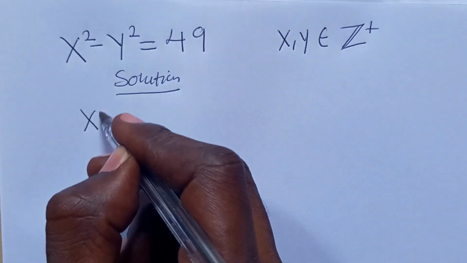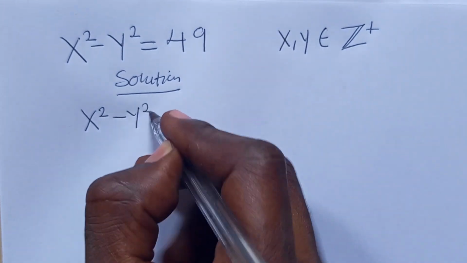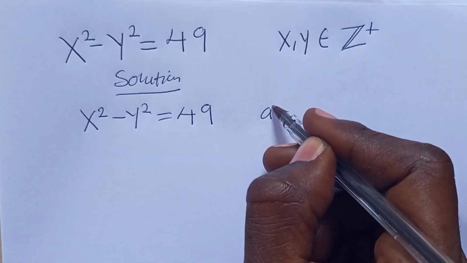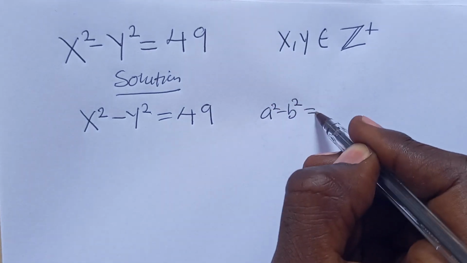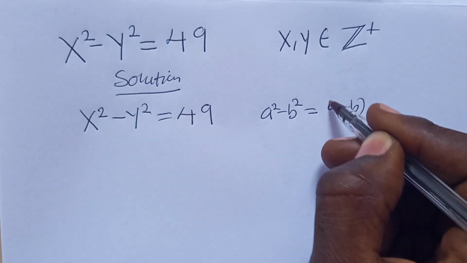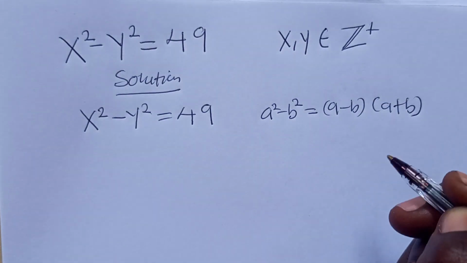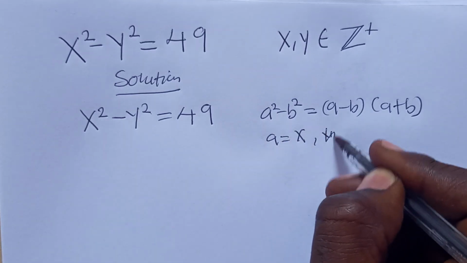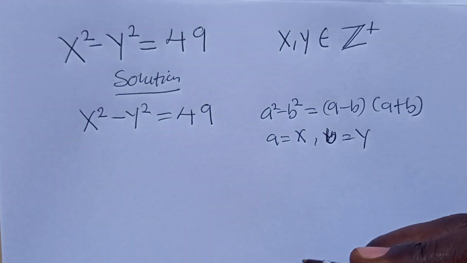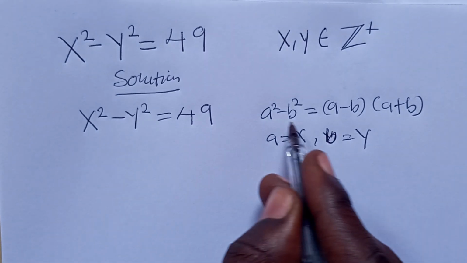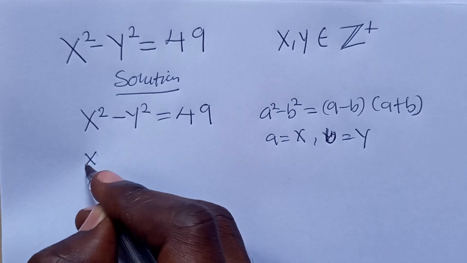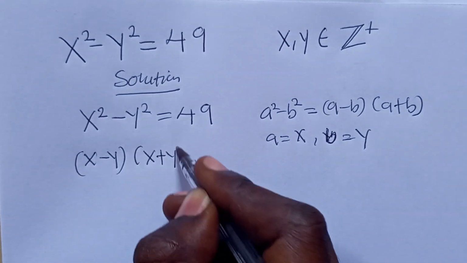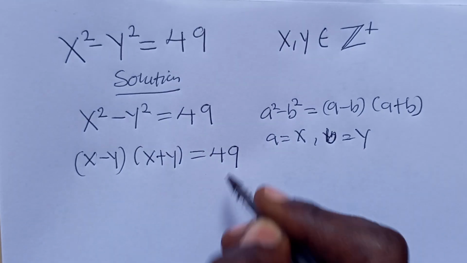Writing the equation x squared minus y squared equals 49. And our difference of two squares: if we have a squared minus b squared, it is equal to (a minus b) and (a plus b). So in this case, our a is equal to x and our b is equal to y. So expressing that, this here is going to be (x minus y) times (x plus y) equals 49.